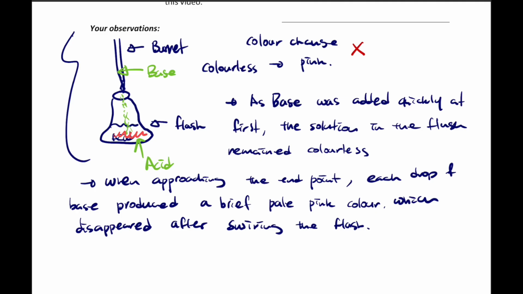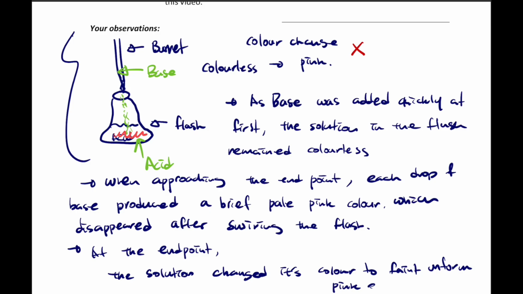Okay, so with this sentence, I'm just describing what is happening during the titration, right? And then lastly, I can say at the end point, pink color. Okay, so this is what I'm going to do if I'm writing down the observation for my report. So I was just describing what was happening at the beginning, and then during the reaction, and then lastly at the end, right?